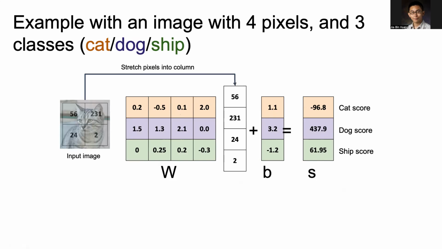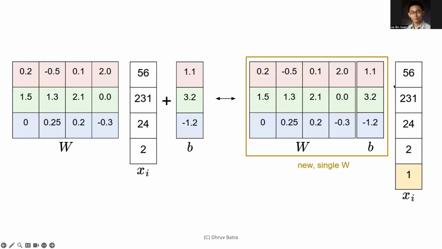So you can just augment this vector by adding a 1 at the end. Then you can merge the bias b into the weights, so it becomes the new weights and is easier to write. A linear transformation is just Wx, but here the W includes the bias itself.